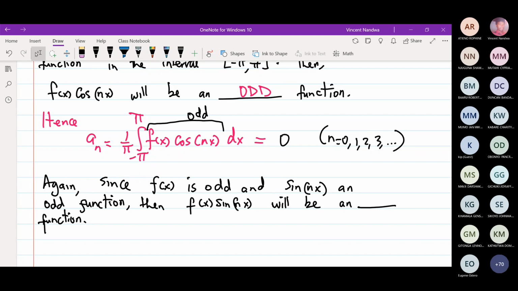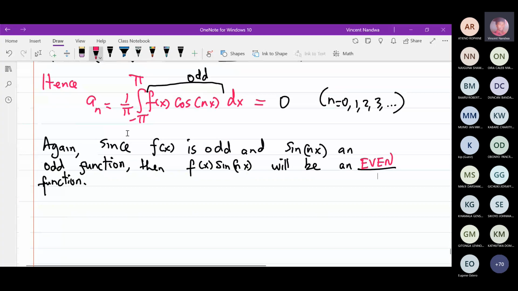An even function. It will be an even function because now we have two odd functions being multiplied. So odd times odd is even. So this product will give us an even function. So as usual, let's compute Bn, the coefficient Bn in the Fourier series. Bn is always 1 over pi integral from minus pi to pi of f of x sine of nx dx. So what will that give us?